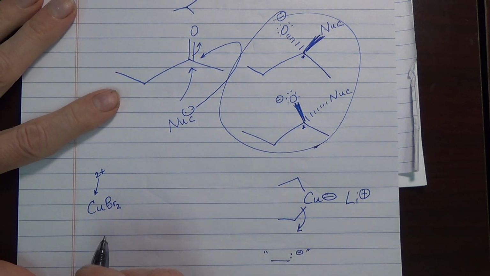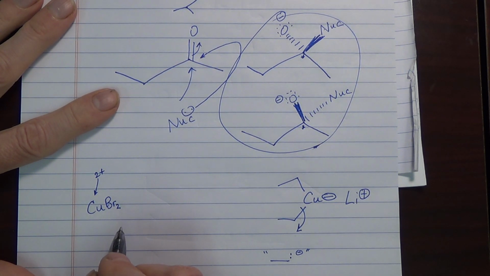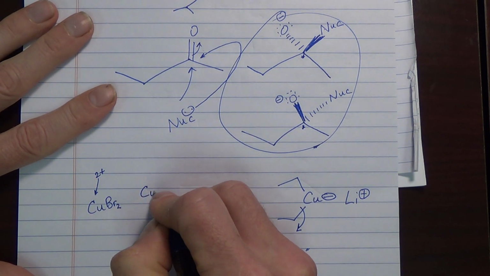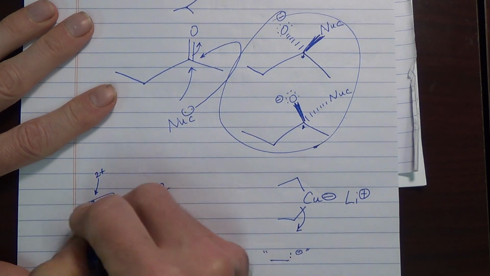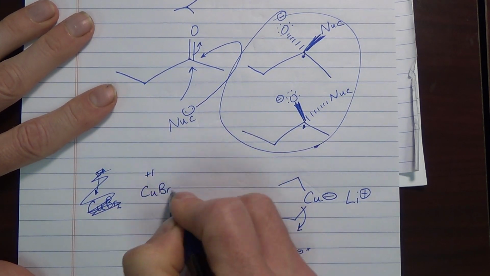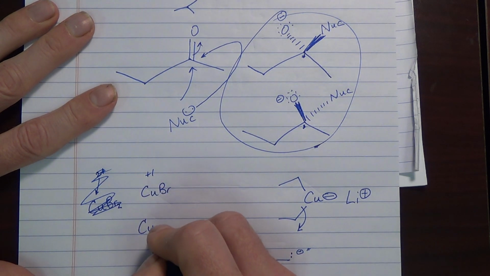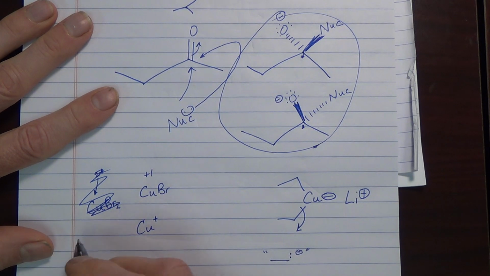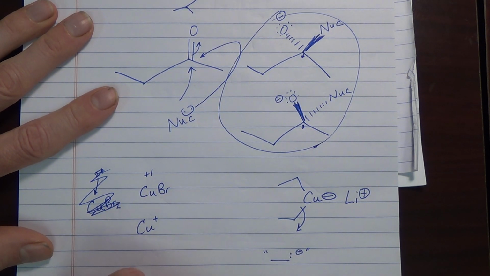Haven't thought about this in a while. It's usually on one of my handouts. It's got to be copper 1. Yeah, that's how we get to the minus. Plus 1, negative 1. Copper plus, and then you react it with an alkyl. Actually, you can use a Grignard or an alkyl lithium.